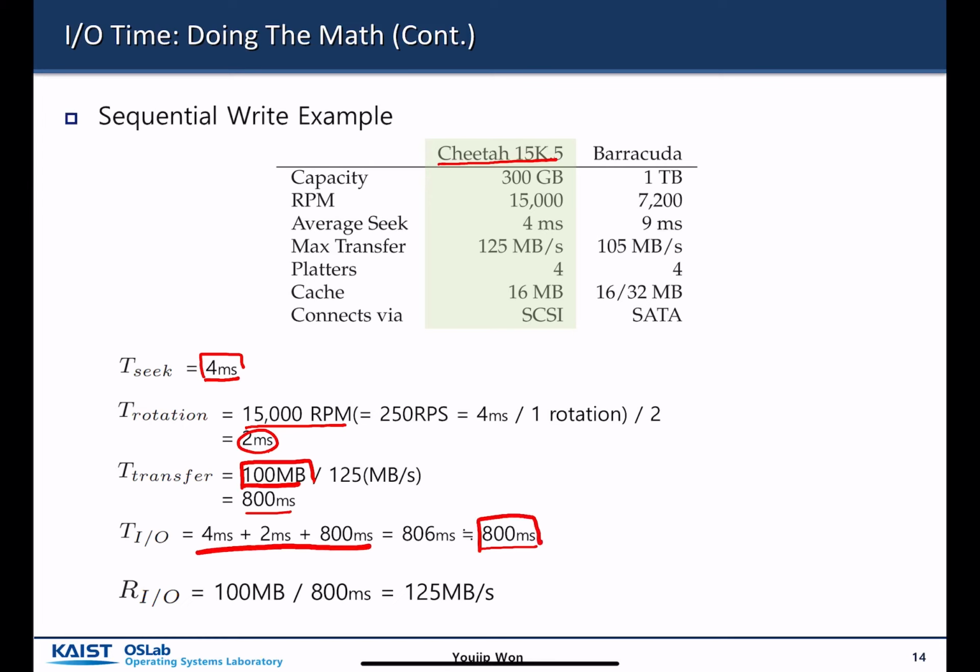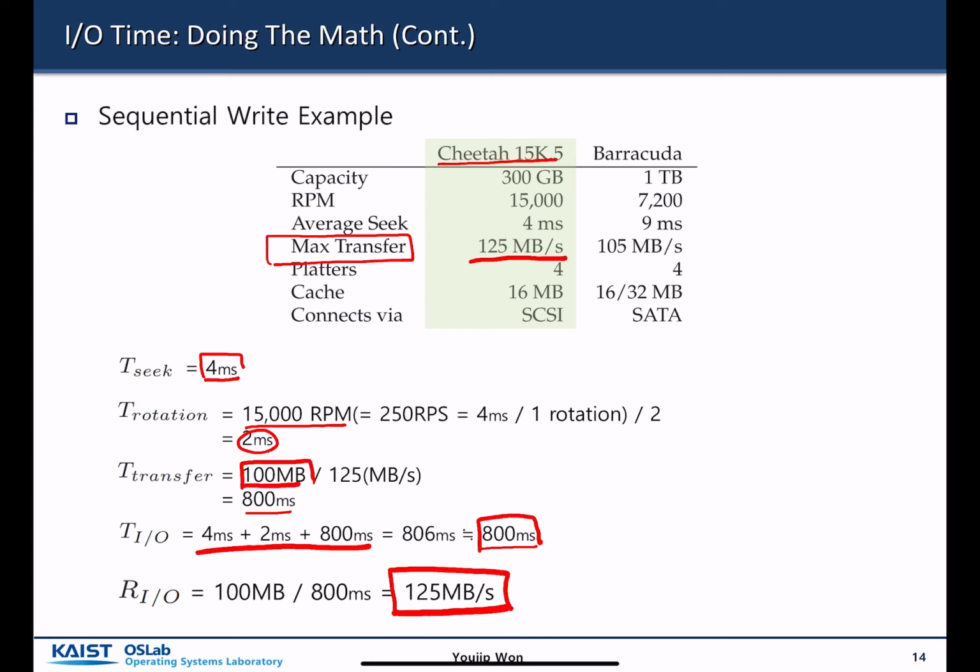Okay. So in that case, the I/O performance corresponds to 125 megabytes per second, which is the vendor specified max transfer rate.